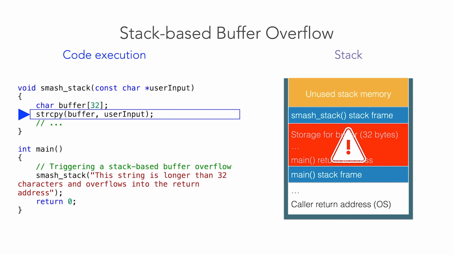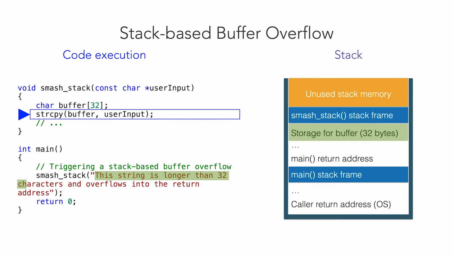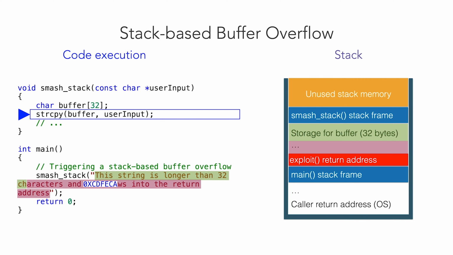Now, here's where an attacker could exploit this vulnerability. By calling the function with an input string that is larger than the buffer, the first 32 characters will fill the buffer, and the remaining characters will override the return address stored on the stack. If the attacker knows the program's memory layout, he could replace the return address with the address of some malicious code.